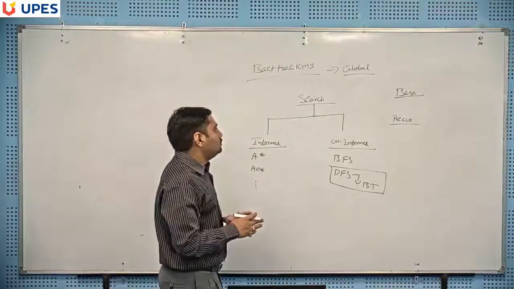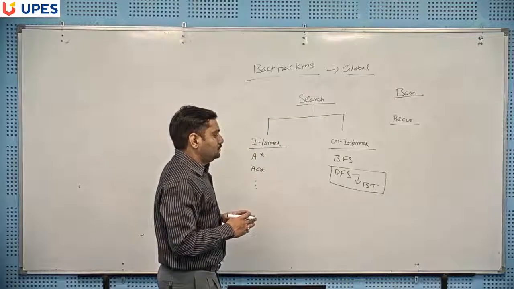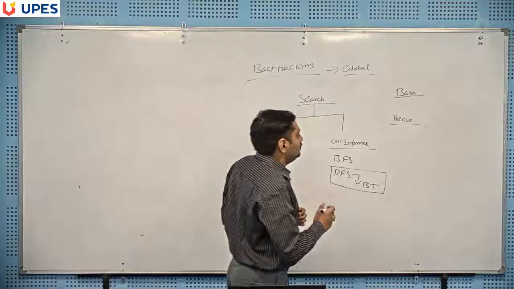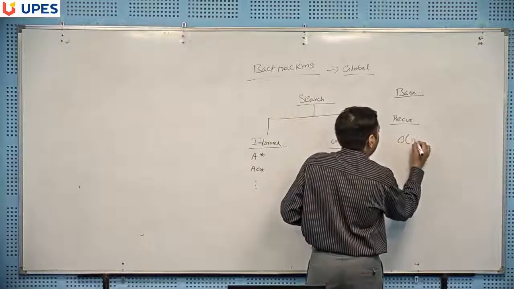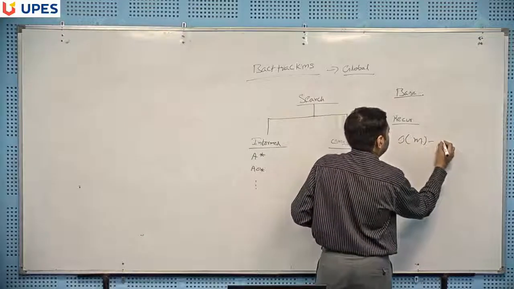When we talk about the backtracking algorithm, it takes big O of M space.